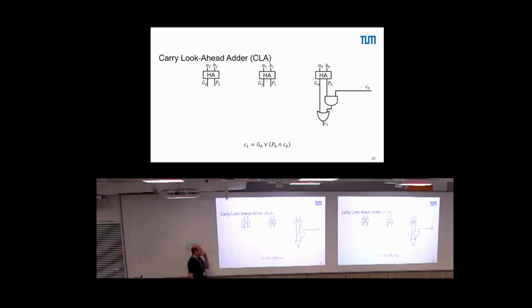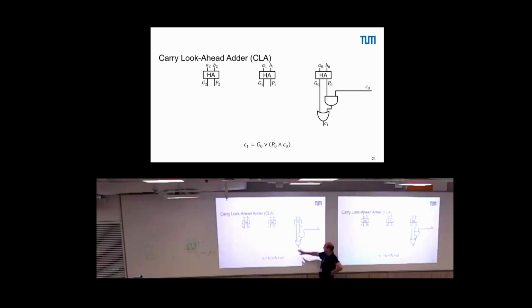Good. Then let's build an adder out of this. We start with a half adder generating G0, P0. Another half adder generates G1, P1, and another generates G2, P2. Then we have a definition of how C1 is derived. Note that the indexing is changed compared to before.